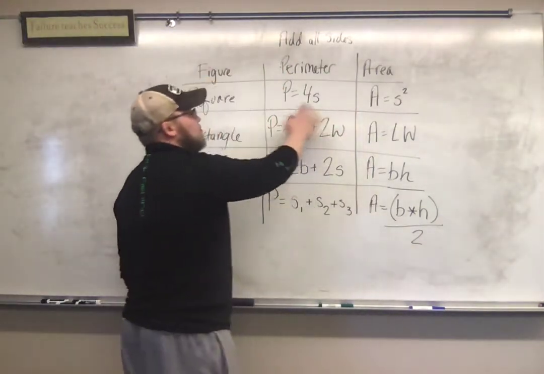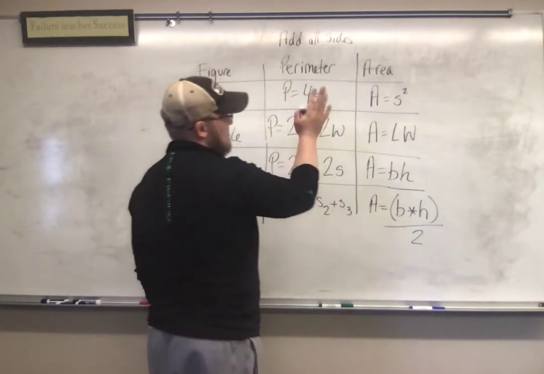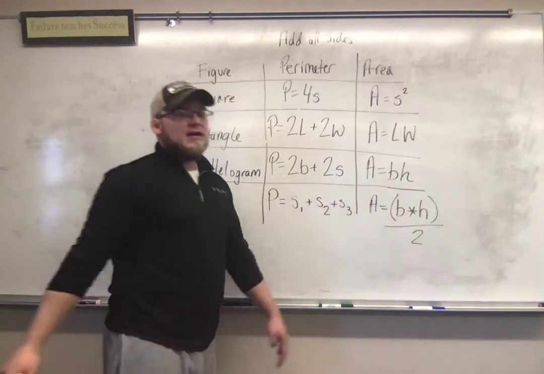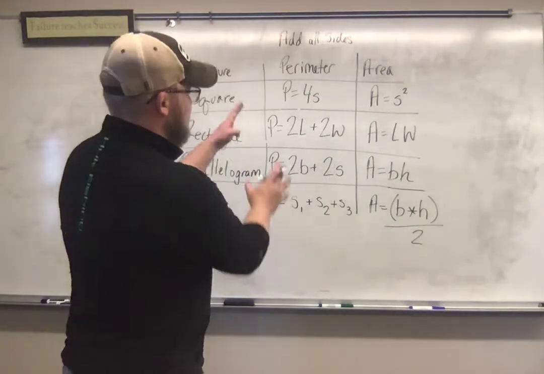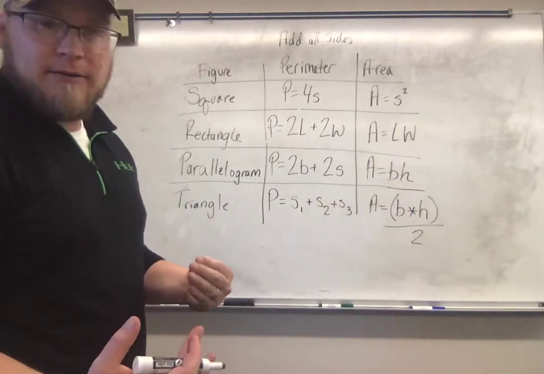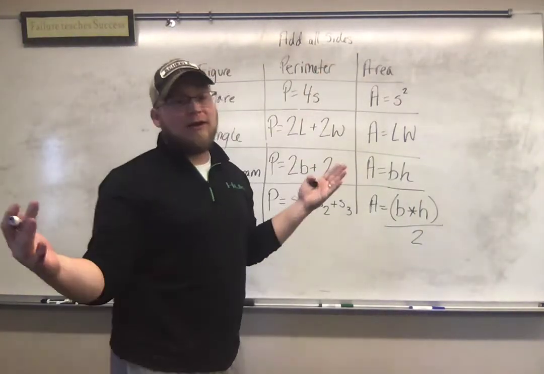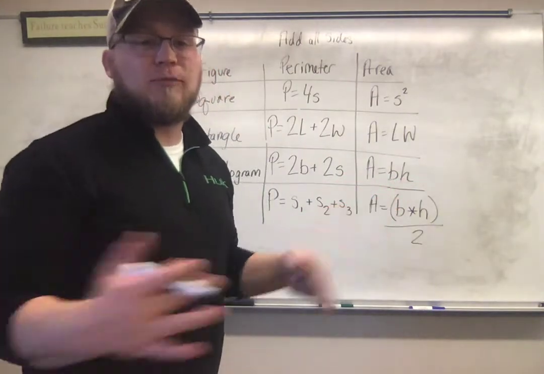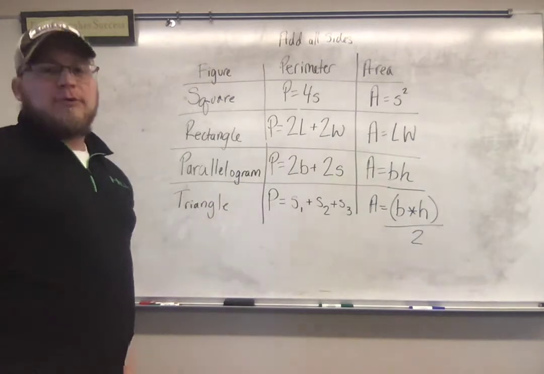Perimeter equals 4 times the side length, or perimeter equals 2 times the length. This stuff is good to make sure you understand what it's saying. But in my opinion, the simplest way for perimeter is add all sides. It never fails no matter what the shape is. So let's do the perimeter column for each figure.